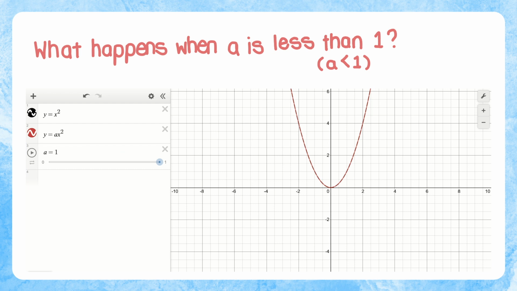And then what happens as a becomes smaller than 1? What is happening to the graph? The graph is getting wider as a becomes smaller than 1. This is called a vertical shrink.